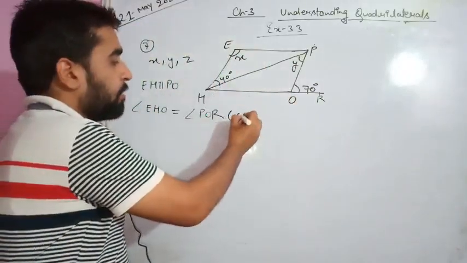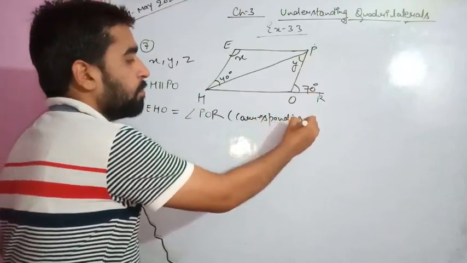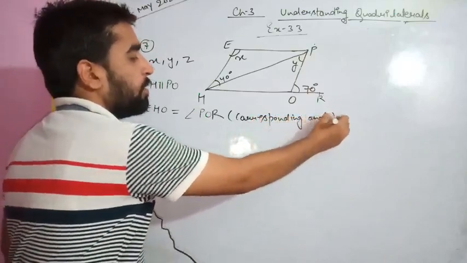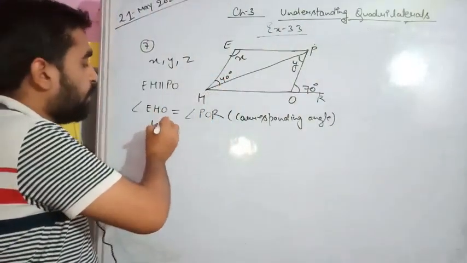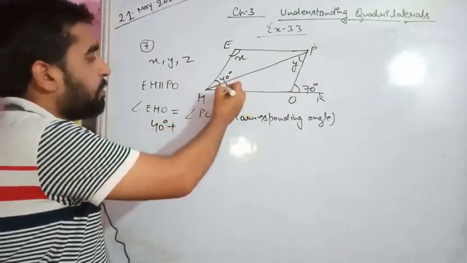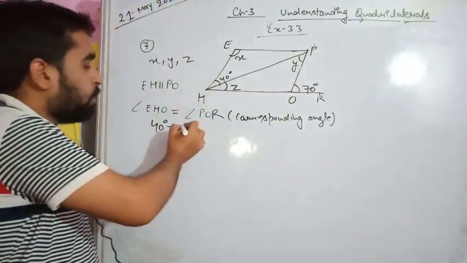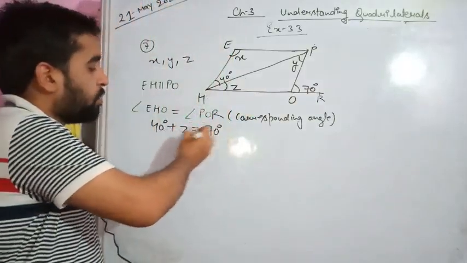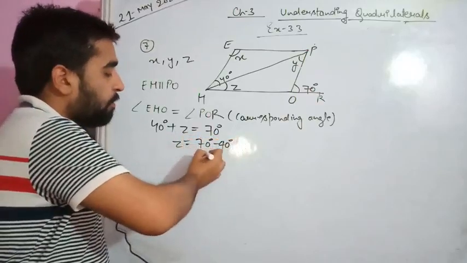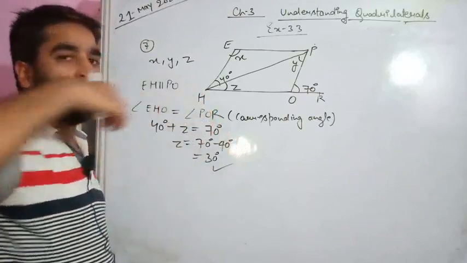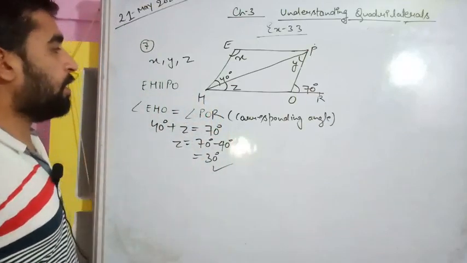So by corresponding angles, these two angles will be equal, and so 40 plus Z, this is a missing angle, suppose this is Z, 40 plus Z will be equal to 70 degrees. So Z will be how much? 70 minus 40, that will be 30 degrees. So one missing angle we have calculated and that is 30 degrees.